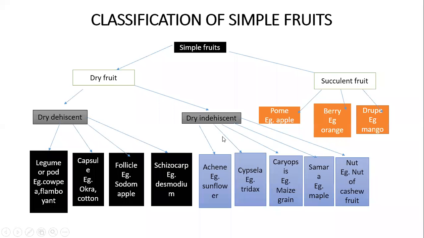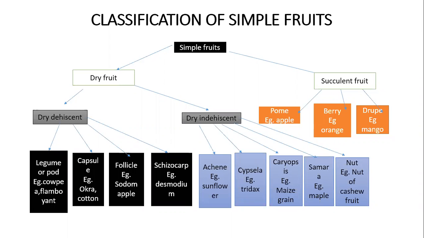Now let's move to the dry indehiscent fruits. Also, you have further classifications as achene, cypsela, caryopsis, samara, and nut. You have examples under them. Now with the achene, the first one, the pericarp dries but does not split, as I said.